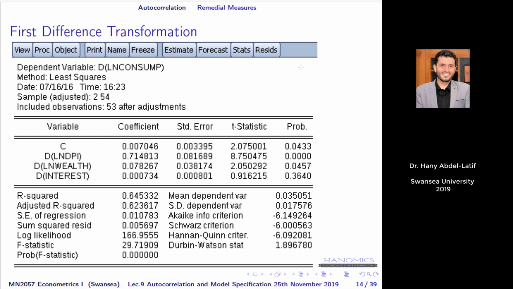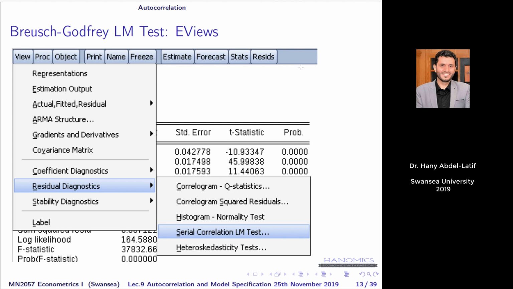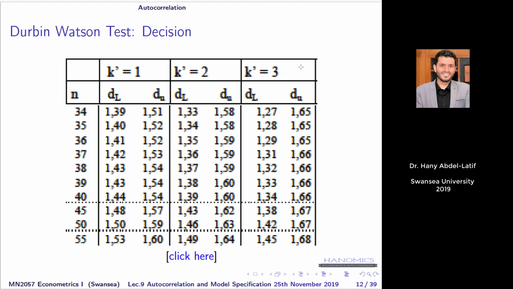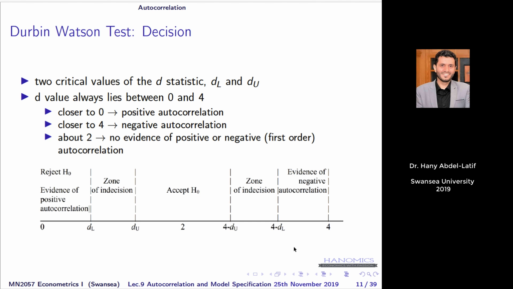Should we go back to the critical values for Durbin-Watson? 1.6 is your d upper from there, because k here equals 3. So 1.6 is the d_U, or d upper. So it is above this one, which means it falls in this region. It's 1.9, very close to 2.